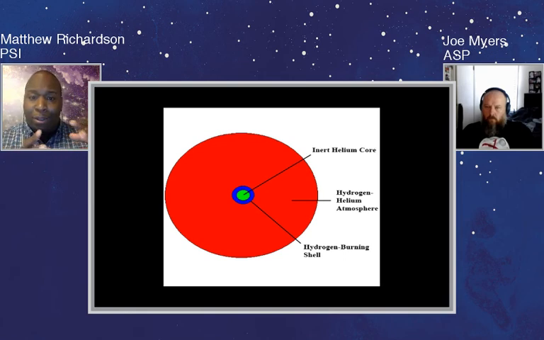Because it's shrinking, the temperature is able to rise enough that the hydrogen within that shell around the helium core can now also begin to fuse into helium. That fusion of the hydrogen shell, known as hydrogen burning, will allow radiation to be produced, and that radiation will produce a pressure on the outermost layers of the star, causing it to expand.